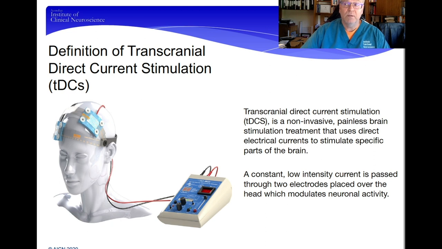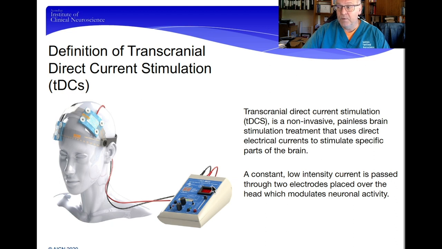So this is the direct current machine. Out of the machine, we have 2 wires. One is an anode, one is a cathode. They are connected to 2 electrodes that are placed in a specific position on the head, and we usually use some kind of strapping system to hold the electrodes in place.